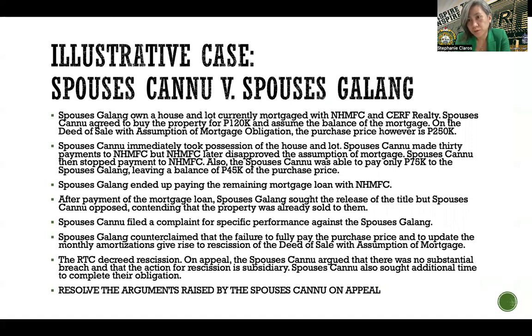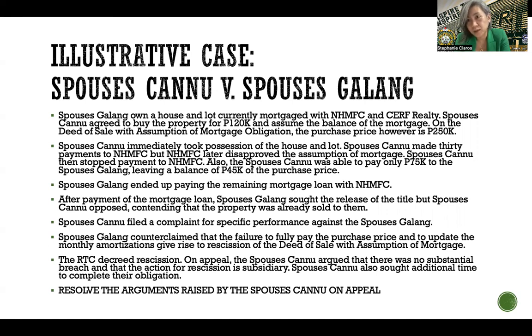So an illustrative case will be the case of spouses Canoe versus spouses Galang. So in this case, the spouses Galang own a house and lot and they mortgage the property with NHMFC and Surf Realty. While under the mortgage, the spouses Canoe agreed to buy the property for 120,000 and assume the balance of the mortgage.